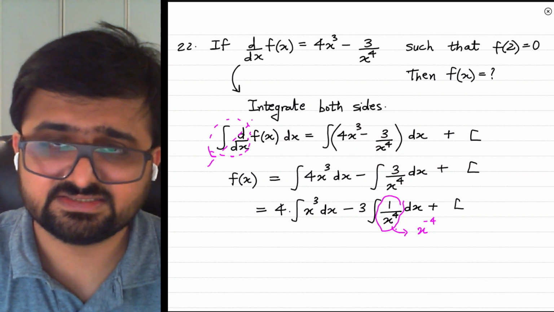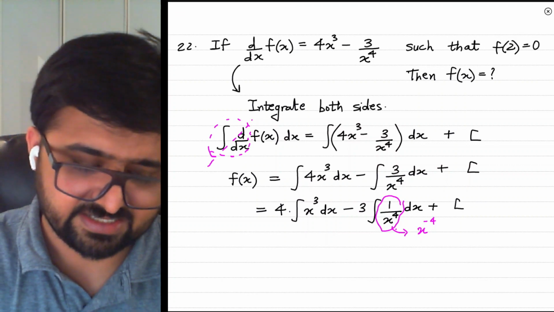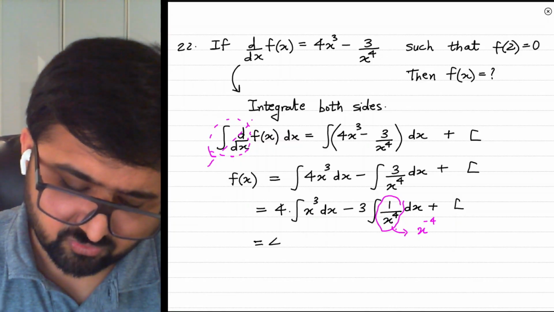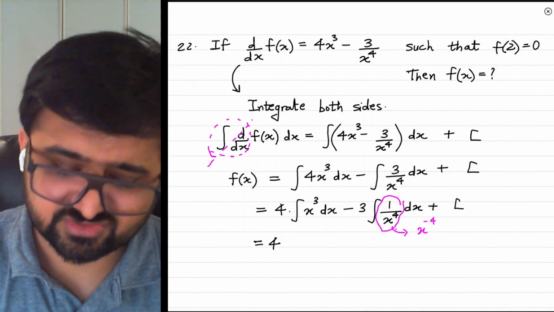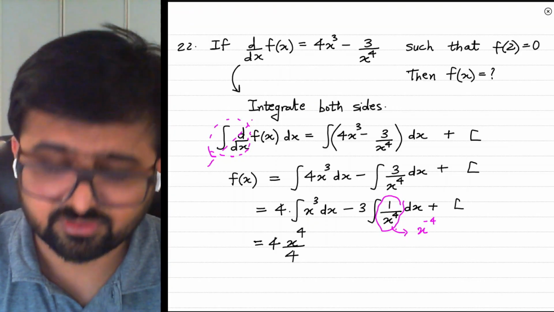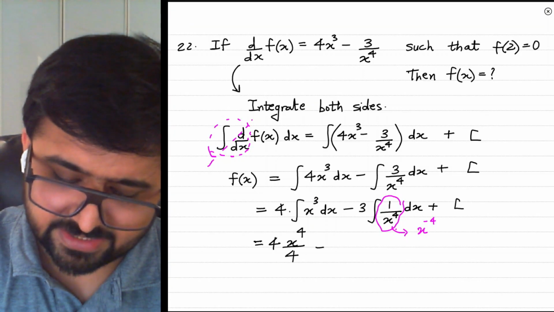So you can also integrate that directly. So you are left with 4 integral of x to the power 3 is x to the power 4 divided by 4, minus 3.